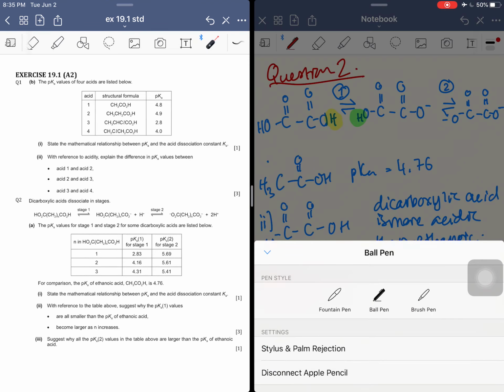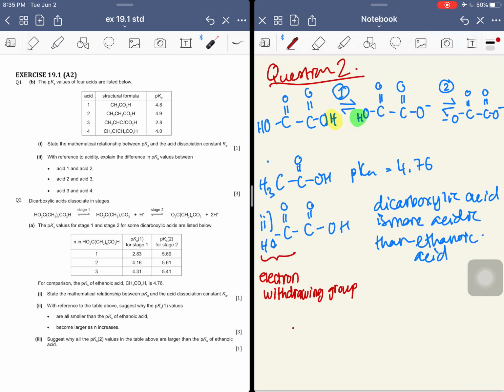If I draw this dicarboxylate, the COOH group has an electron withdrawing effect. So it withdraws, or takes away, the electron density on the COO minus, making it more stable. We call this the mono anion, and it becomes more stable than the ethanoate ion.